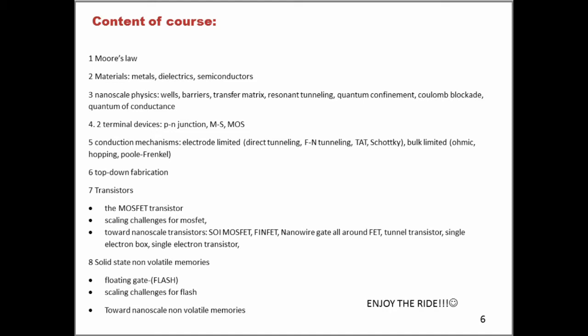Obviously it is interesting for us to see these mechanisms because they are nanoscale phenomena, and so they are important for understanding generally how electronic devices work in the nanoscale.